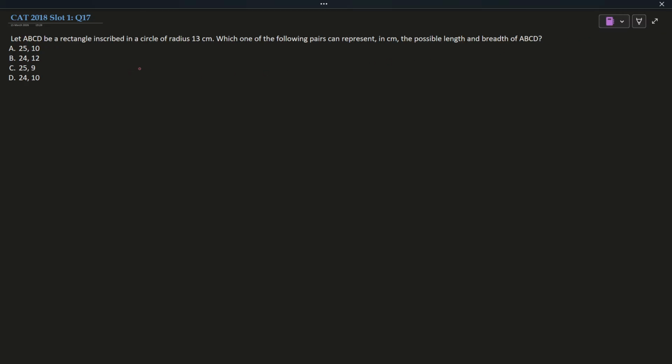Let ABCD be a rectangle inscribed in a circle of radius 13 centimeter. Okay, let me first draw a circle. This is a circle, and let me draw a rectangle as well. All right.